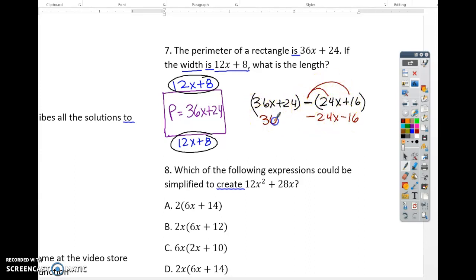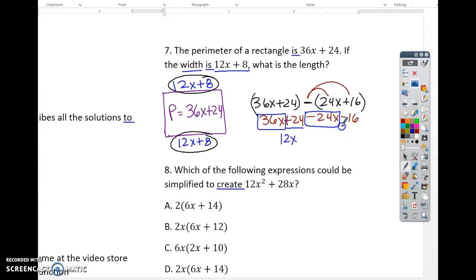This comes down, 36x plus 24. And then you combine like terms. So 36x minus 24 is 12x.